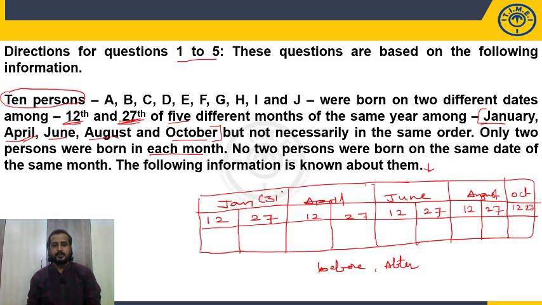So we should know that January has 31 days, April 30, June 30, August 31, October 31. They will use statements like, A was born in the month which has 30 days. And also they will use technical terms like before and after, immediately before, immediately after. All these kinds of technical terms they are going to use. Okay, fine. Now let's see what are the clues given below this.